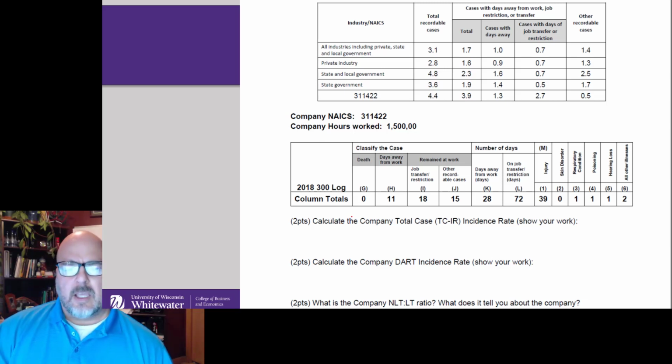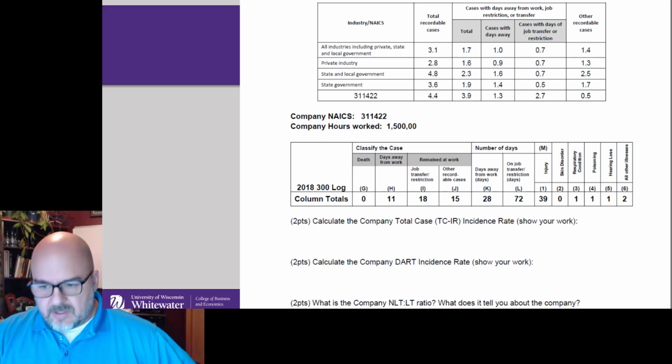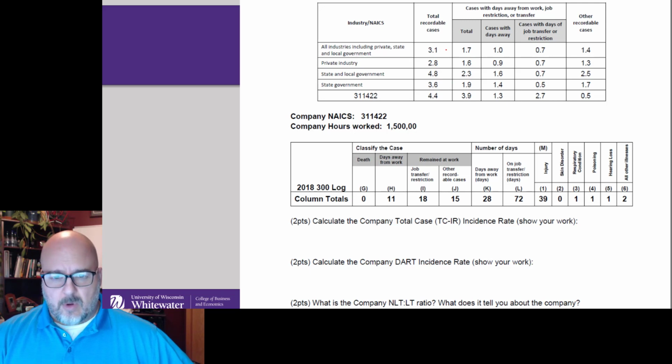Next one: calculate the total case incidence rate, show your work. What I have here is a Bureau of Labor Statistics summary up here. The company is within this code, and here's the code to compare it to. Calculate the company total case incidence rate with the hours worked being, I think that's supposed to be 1,500,000.